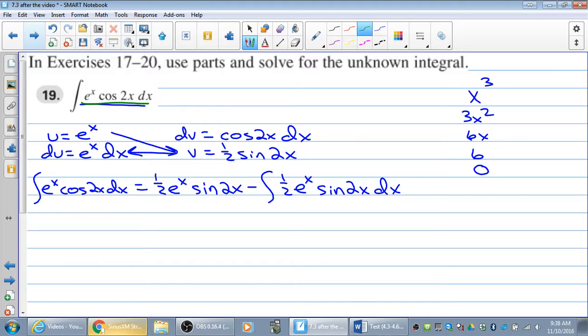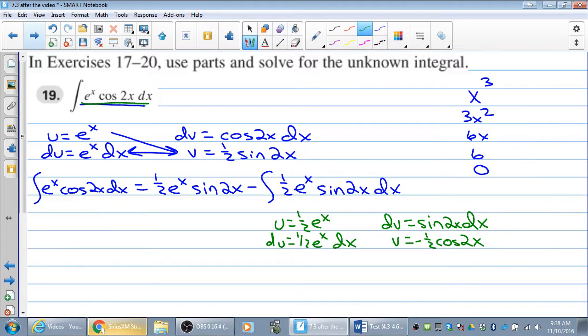So now we're going to let u equal 1/2 e to the x. We're going to let dv equal sine of 2x dx. The derivative is 1/2 e to the x dx. And v is negative 1/2 cosine of 2x.